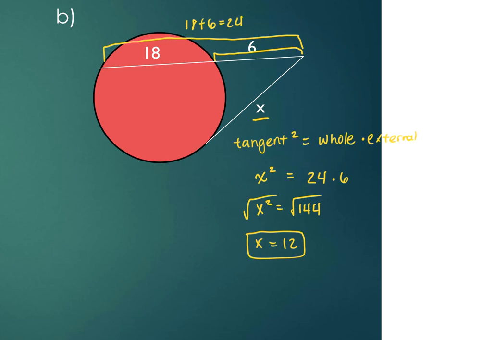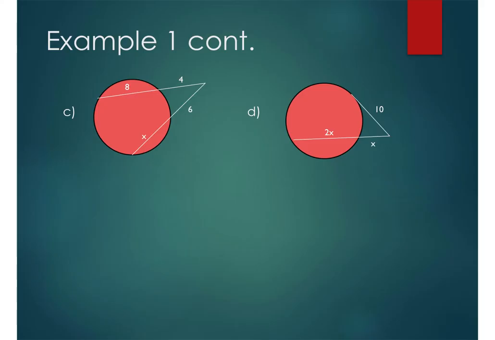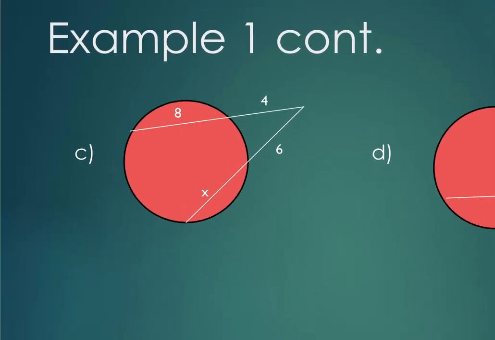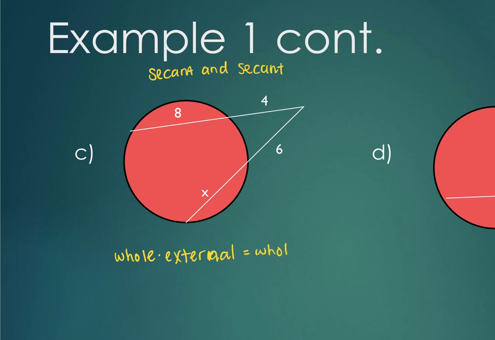Okay, let's jump to the next example. This is an example of two secants. Secant and secant. When we have two secants, it's going to be whole times external equals whole times external.